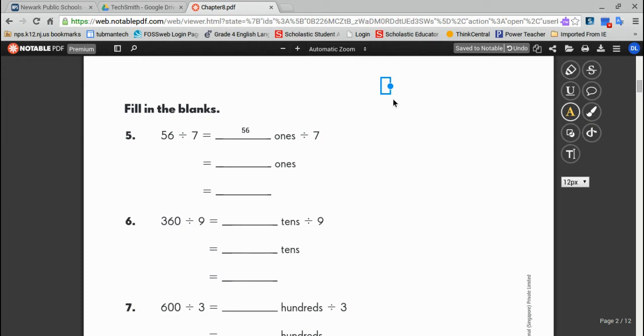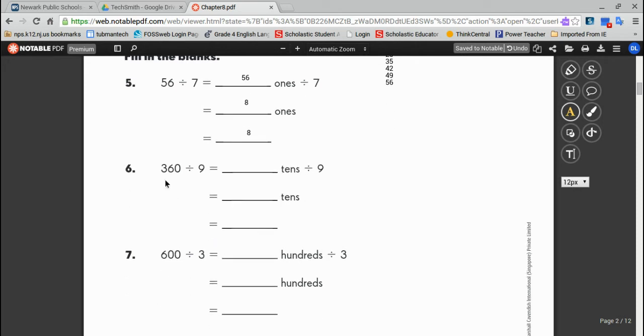So I'm going to write our 7 multiples down right now. 7, 14, 21, 28, 35, 42, 49, 56. Alright, so let's count. 1, 2, 3, 4, 5, 6, 7, 8. So we know 56 ones divided by 7 equals 8, or 8 ones. Over here, 8 ones is just 8.